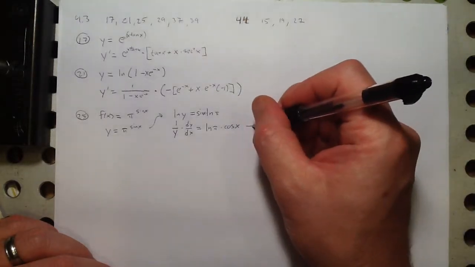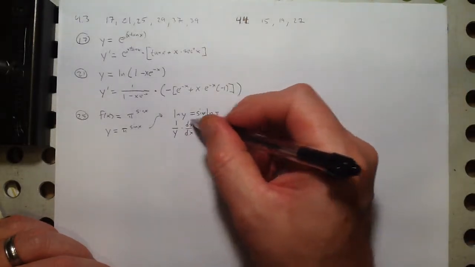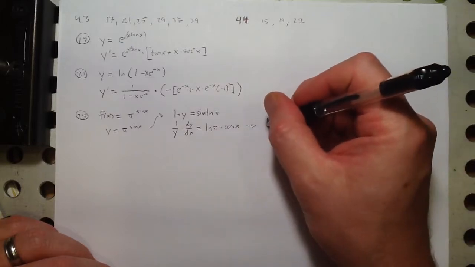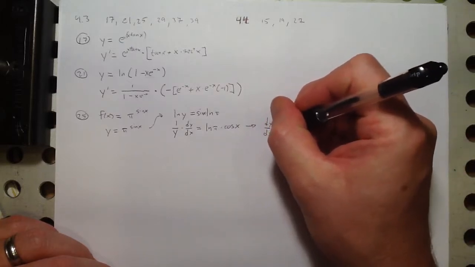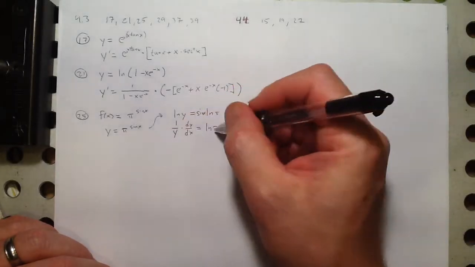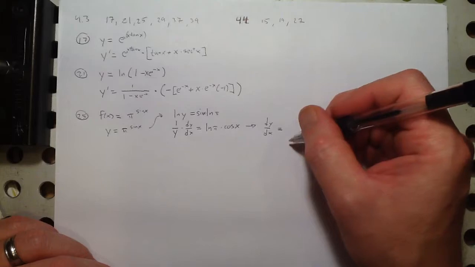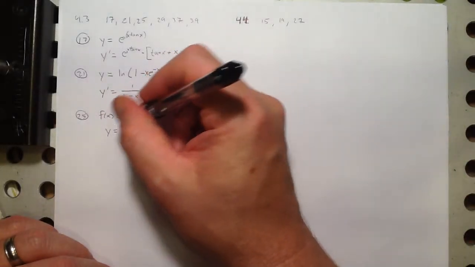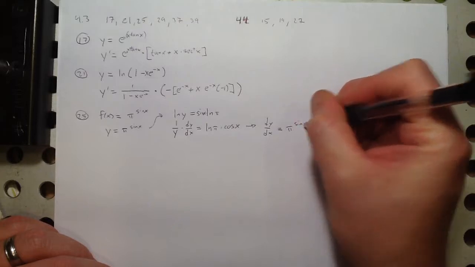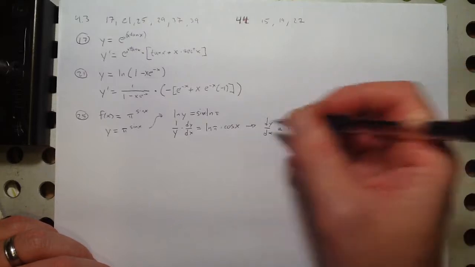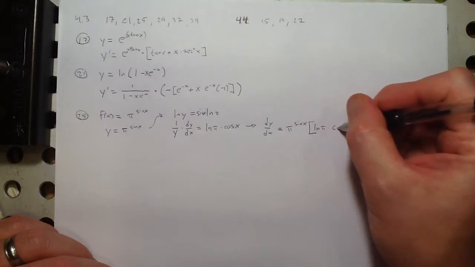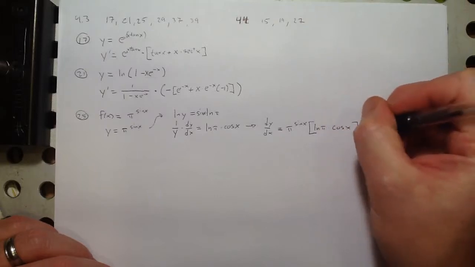And then here, multiplying by y on both sides, I get dy dx is equal to y. I could write a y here, but y is equal to pi to the sine x times natural log of pi times cosine x.